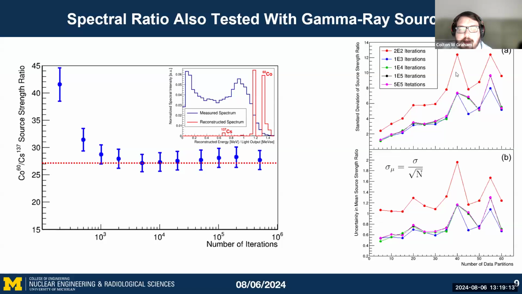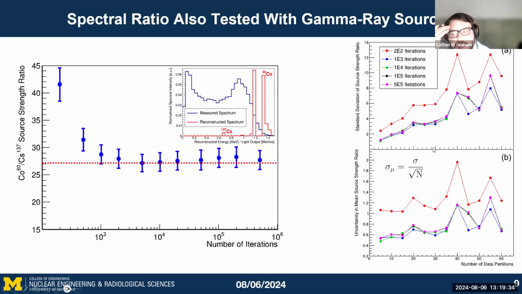In B on the figure on the right here, we show that the estimated uncertainty is relatively constant with the number of data partitions, which gives us some confidence in this method for error estimation. And this is the same technique that we're going to use for the rest of this talk.